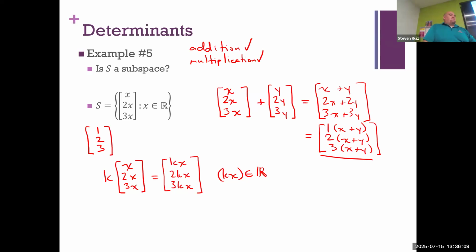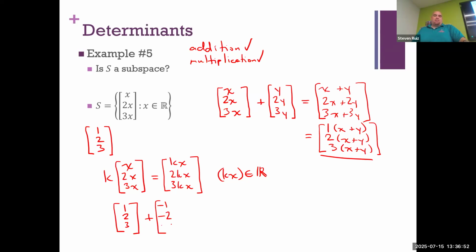It's just those two. The third, hidden condition with the zero vector really is a consequence of these two. So because you already told me these two conditions are met, the zero vector better be in here. Is it? If x is equal to 0, I think I get it, right? But I've said this a couple times that if you have a subspace, then the zero vector better be in it. So 1, 2, 3 is a vector in this space, right? What's the thing I can add to it to get the zero vector? -1.